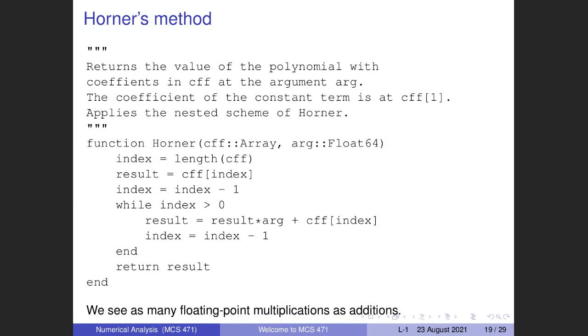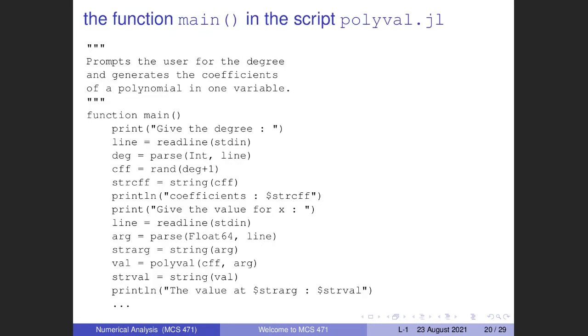So we kind of invented Horner's method with nesting. Here is the algorithm defined in proper Julia code. And you can run this, so this will be posted at the course website, or is posted at the course website, depending on when you view this.